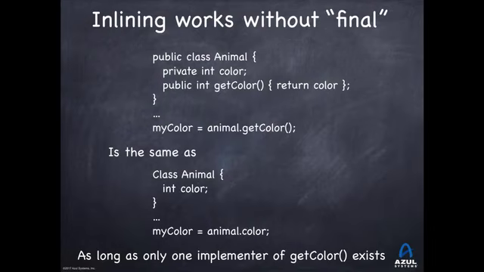The compiler, remember, understands exactly what is loaded, and exactly what is being run in our application as it's working. So now we can say, let's treat the getColor method as if it's just inlined. We just want the color value associated with the animal.